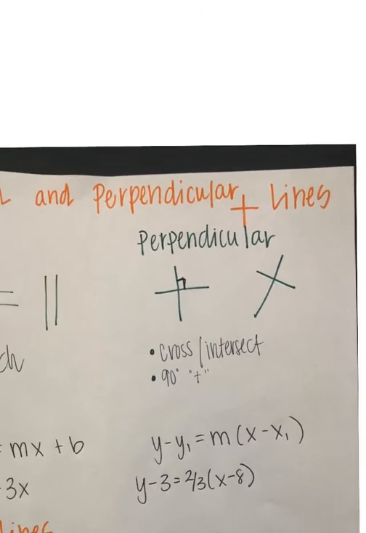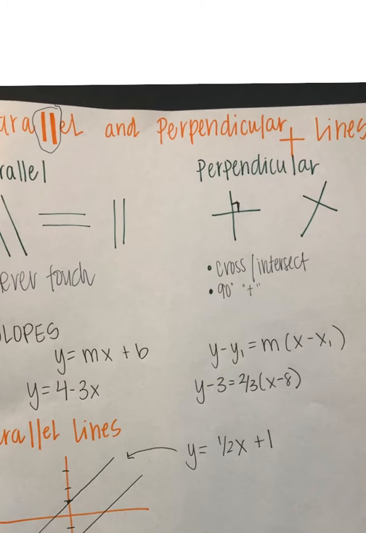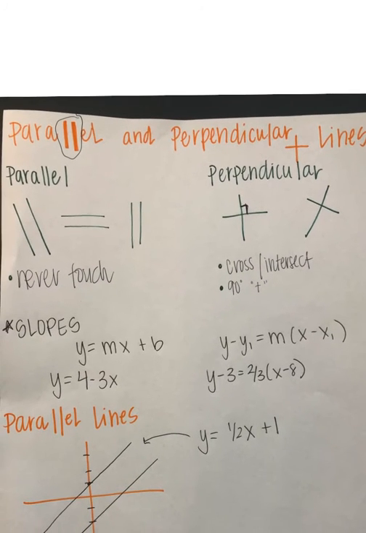Now we're going to talk about what we went over yesterday, which was slope-intercept form, y equals mx plus b, and point slope form right here. The one thing I want you to be able to do is identify where the slope is. In mx plus b, your slope is always right next to the x.